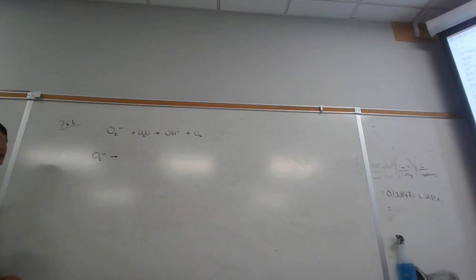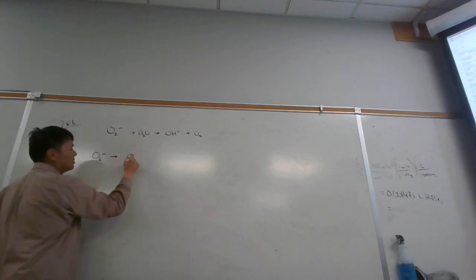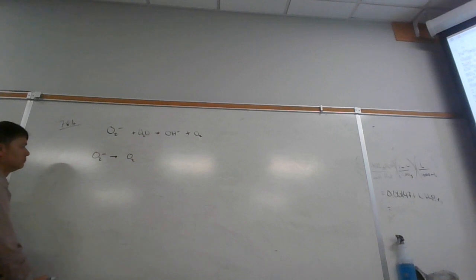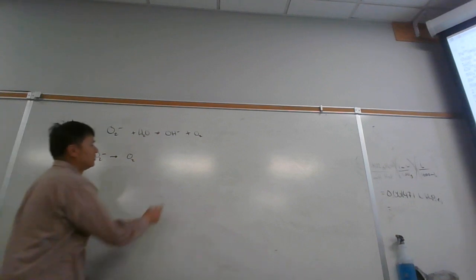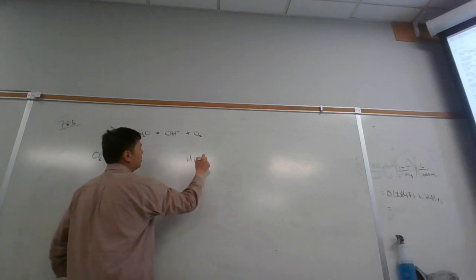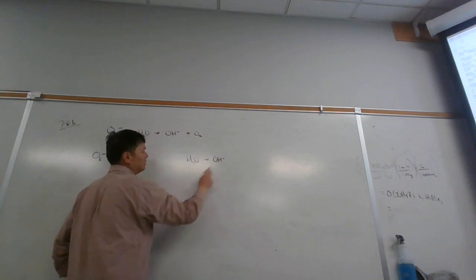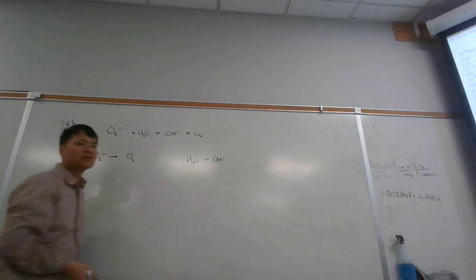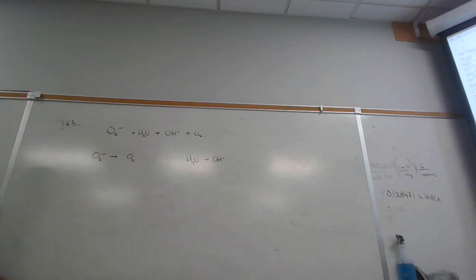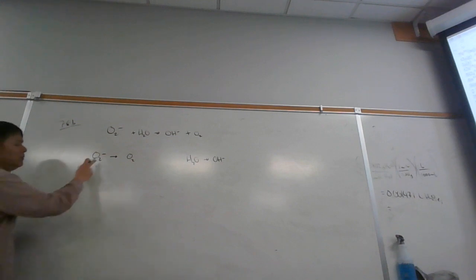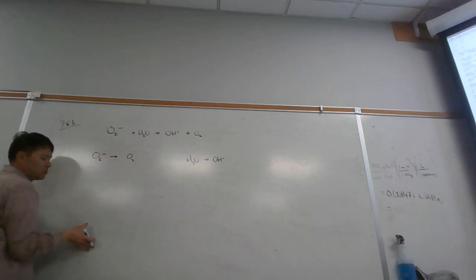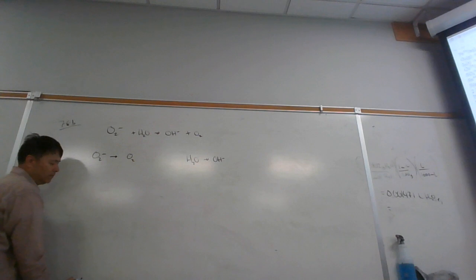So you might go O2 minus to O2 as one, and as the other, water to hydroxide, because oxygen and hydrogen goes to oxygen and hydrogen. And then you just try it. There's some trial and error that happens sometimes, and if it doesn't work out, you back up and see.